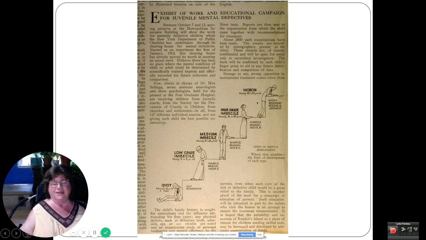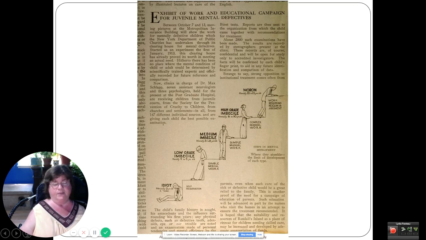This is how they designated children. Moron, which is mentally 10 to 12 years old, and this person would be able to do work requiring reason and judgment.